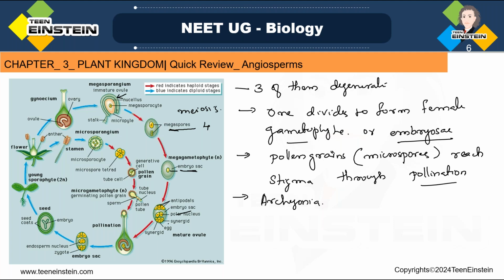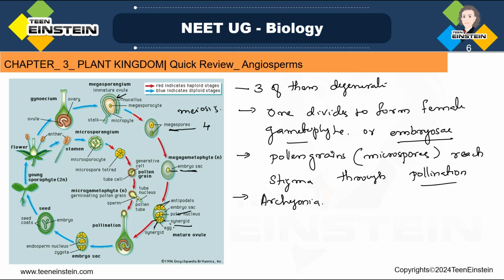Okay, here you can see these are the synergids 1, 2, and in the middle you can see the egg cell, that specialized cell, that is the egg apparatus.